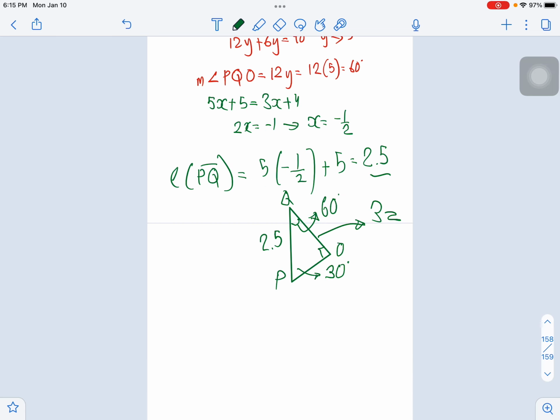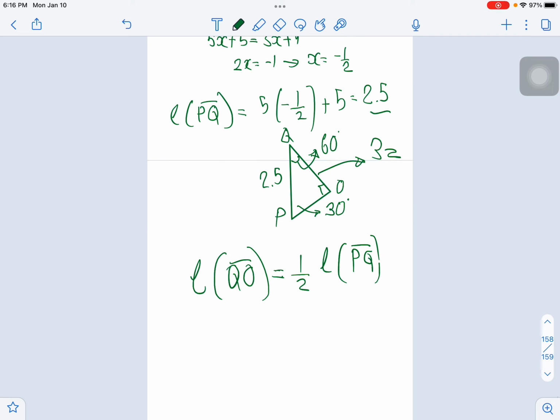So we use the fact that in a 30, 60, 90 triangle, the side opposite to 30 degrees is half the length of the hypotenuse, which means the length of segment QO is half the length of segment PQ.